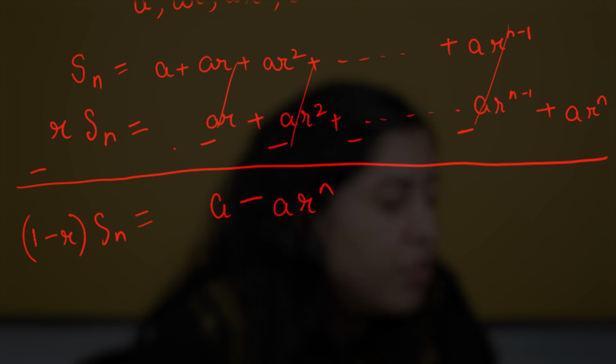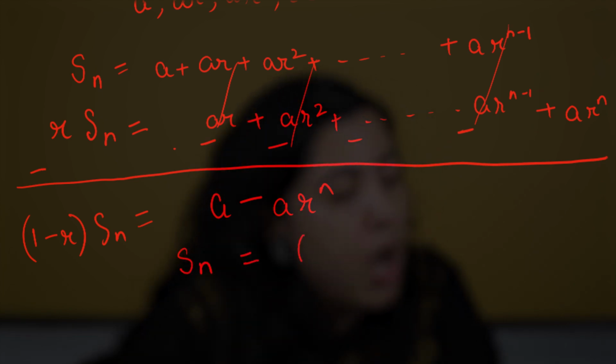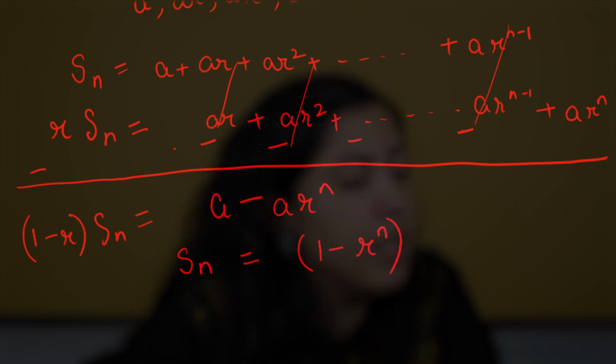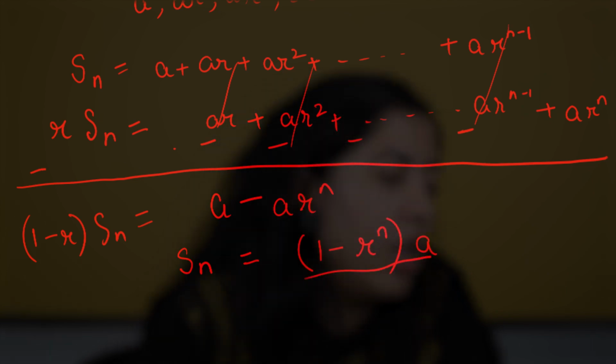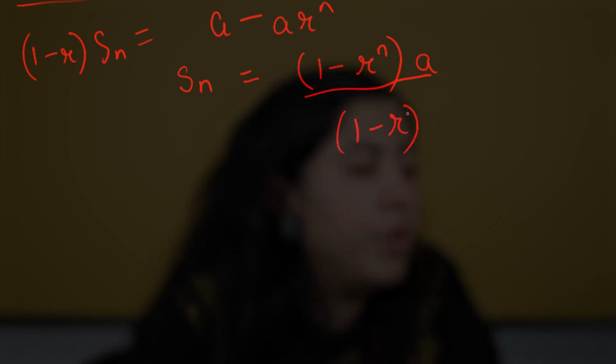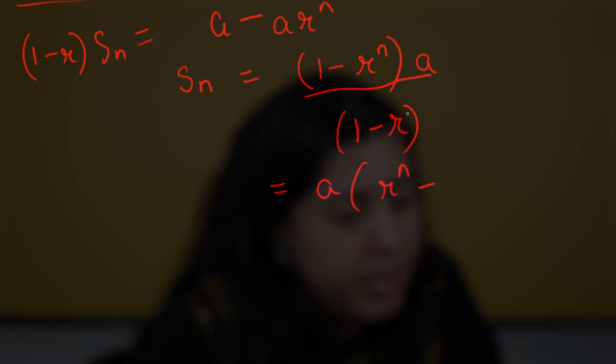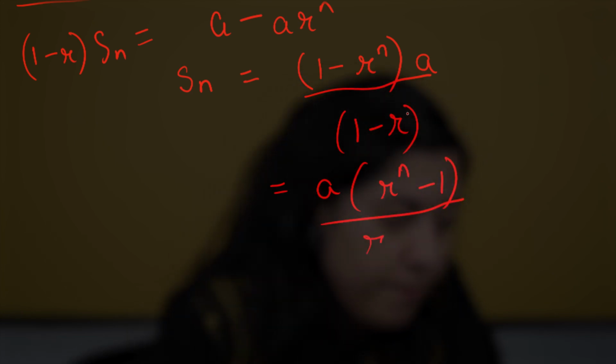So the formula for the summation comes out to be Sn is equal to (1 minus r to the power n) times a over (1 minus r), or we can change the sign and write it as a times (r to the power n minus 1) over (r minus 1).